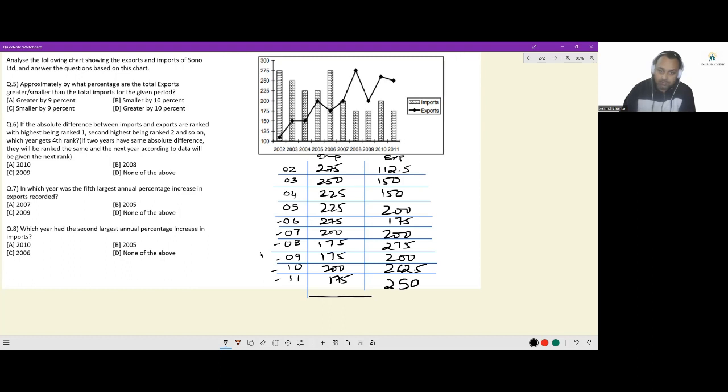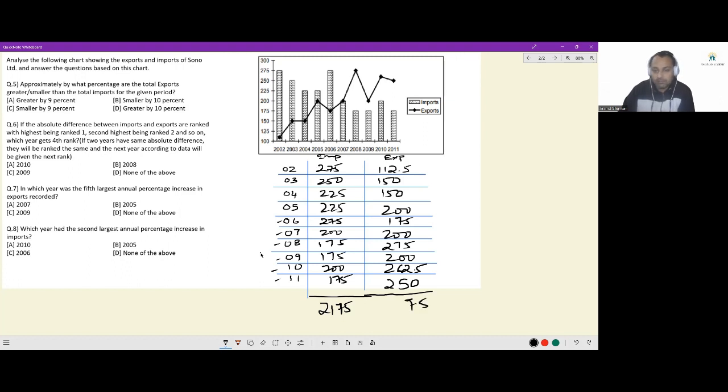Now here I have 25, 25, 50, 175. I have 175 plus 800. 175 plus 800 is 975. And I have 1200 here, so 2175. The total summation is 2175. Let us try to do some work here. 12.5 plus 62.5 is 75. 75 plus 75 plus 75 is 225. 225 plus 150 is 375.